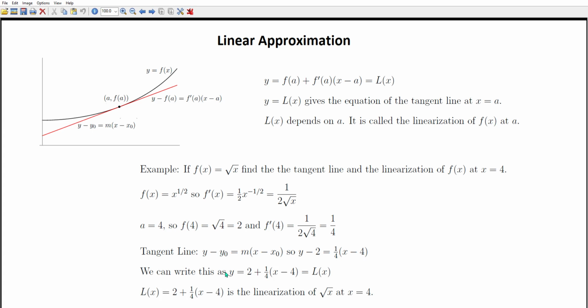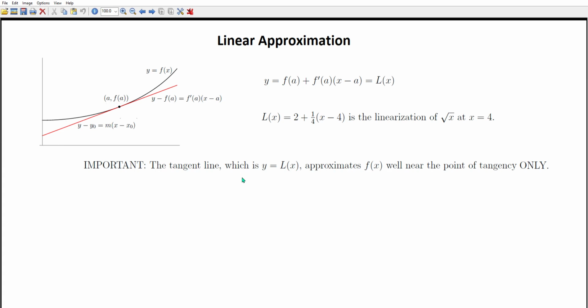And we can write that as y equals 2 plus 1/4 times x minus 4, and this is L of x, the linearization of f of x at x equals 4. And that approximates the function near x equals 4.